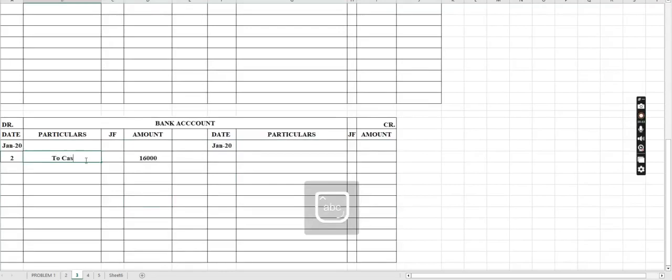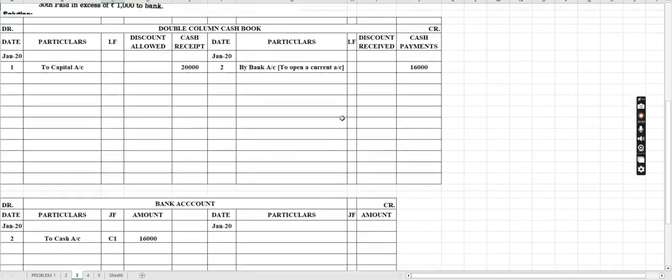To cash account. From cash, it has come to bank account, 16,000 rupees. So this is a contra entry. Contra entry 1.